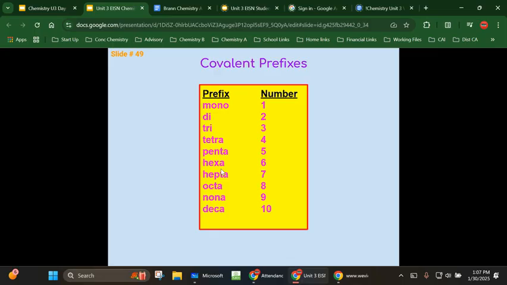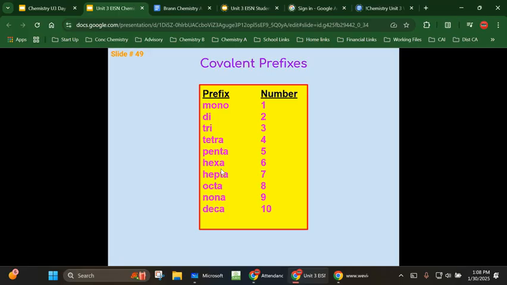Hepta means 7. Octa means 8. Nona means 9. Deca means 10. Now, this is the easiest naming system that you are ever going to get, because you are literally going to describe to someone how many atoms are there and what they are with the name.